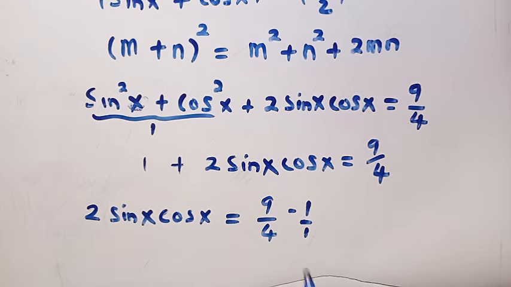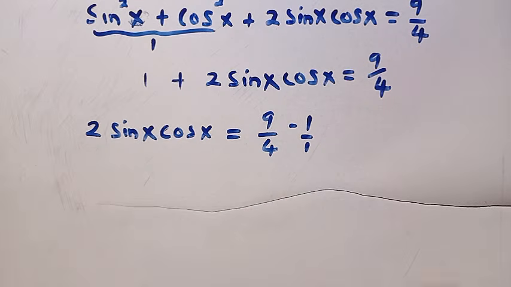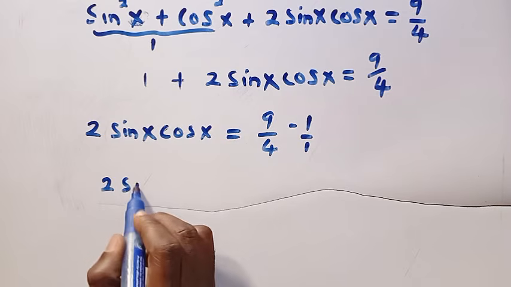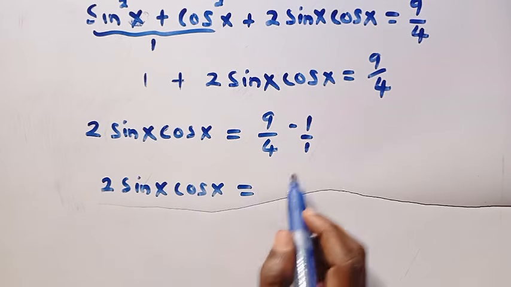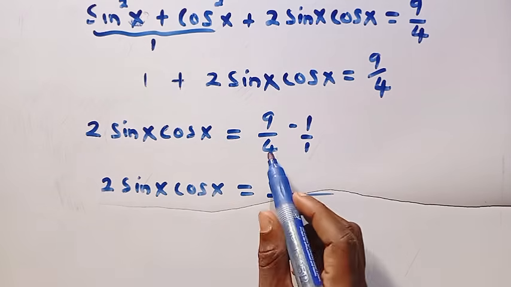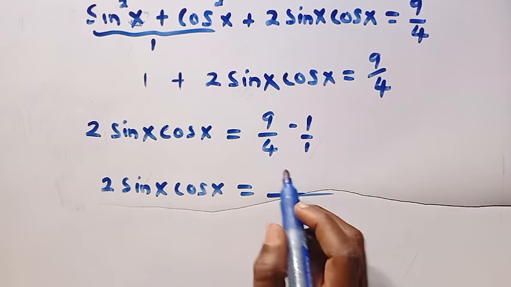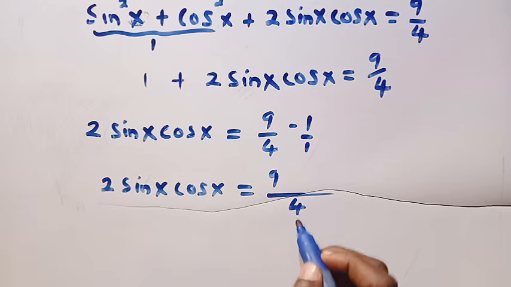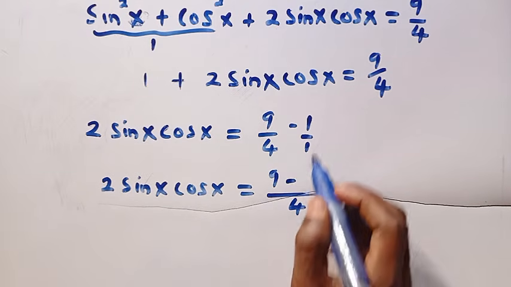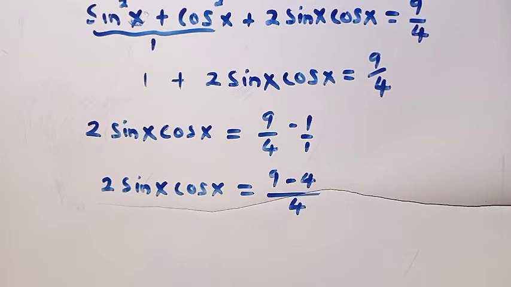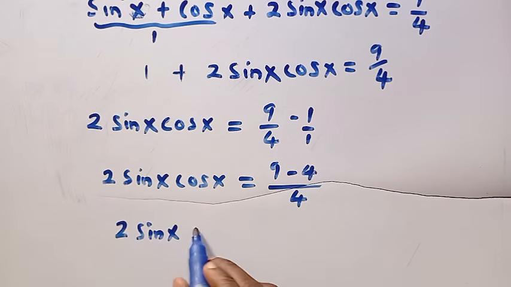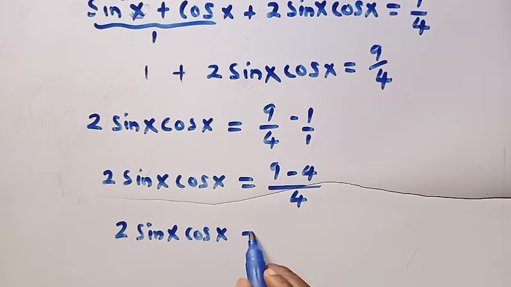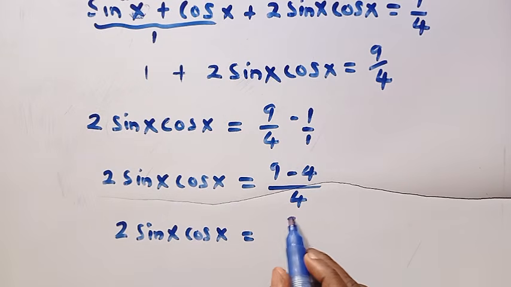If the LCM is 4, then 9 minus 4 gives us 5 over 4. So 2 sine x multiplied by cos x equals 5 divided by 4.